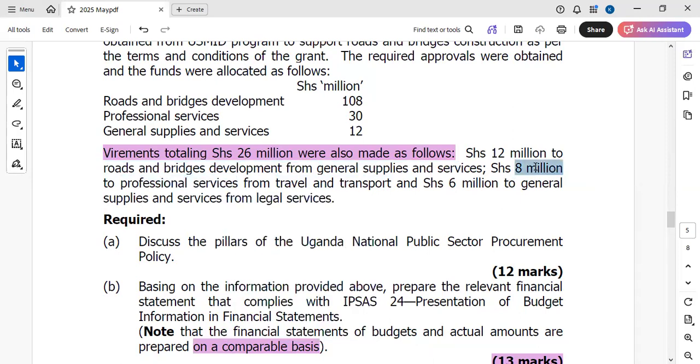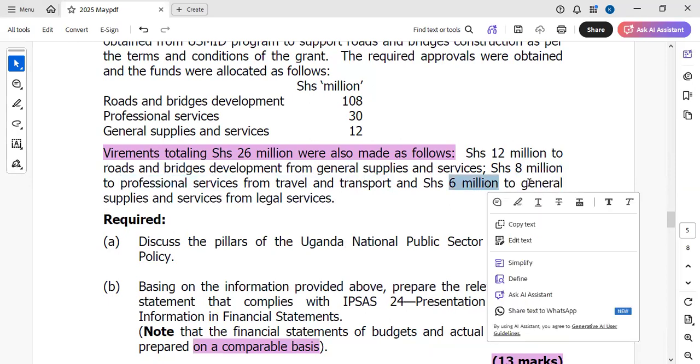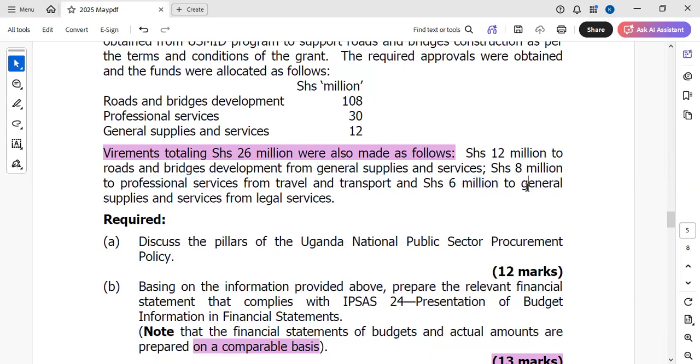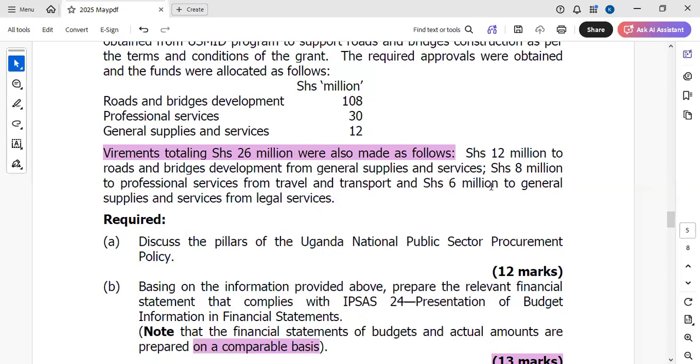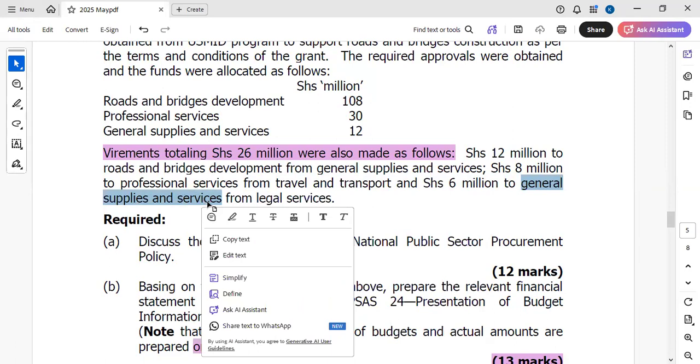So we reduce the travel and transport amount by 8 and increase the professional services amount by 8 million. Then finally, we have 6 million reallocated to general supplies and services, but it is coming from legal services. So we reduce the legal services amount by 6 million and increase the general supplies and services by 6 million.